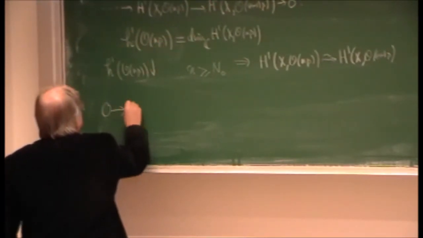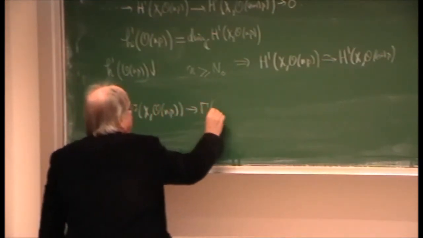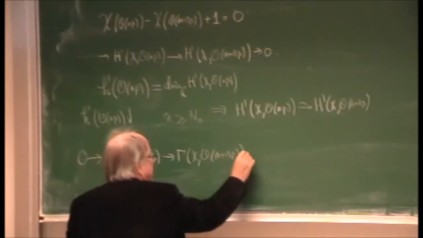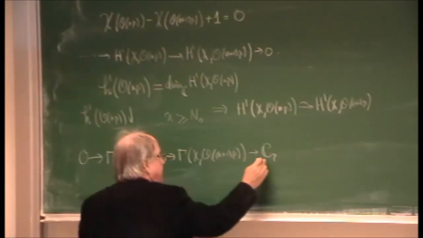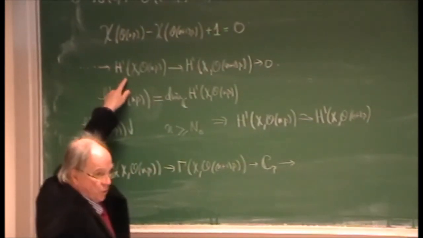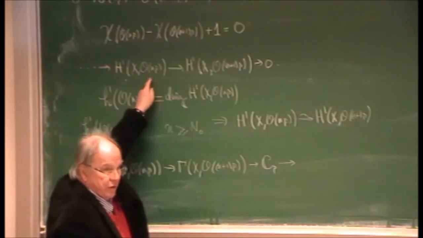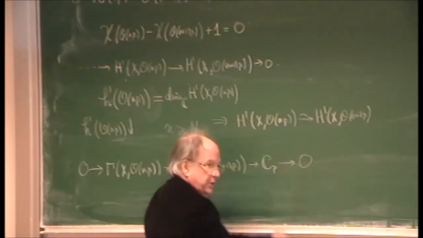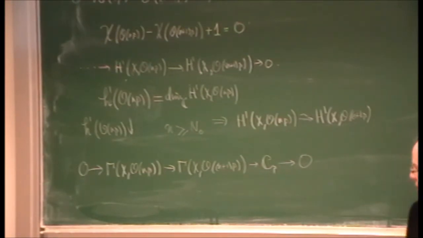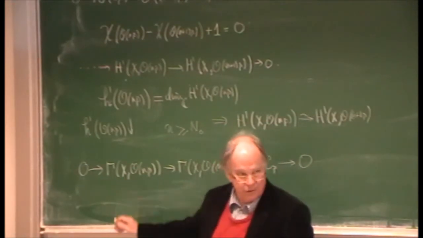So let's see what happens. Sections of O(nP), sections of O((n+1)P), and the evaluation map to C_P. In general, the next step goes into this, but its image is the kernel of this mapping, and the kernel of this mapping is nothing, so this is the global exact sequence. This says that this space is one dimension bigger than this space.